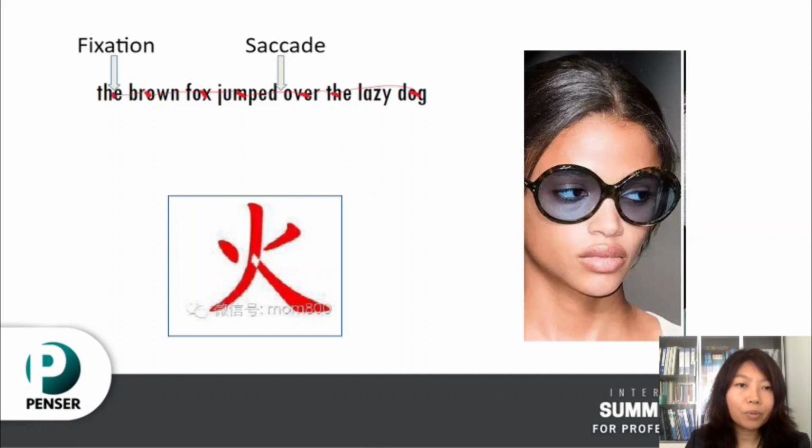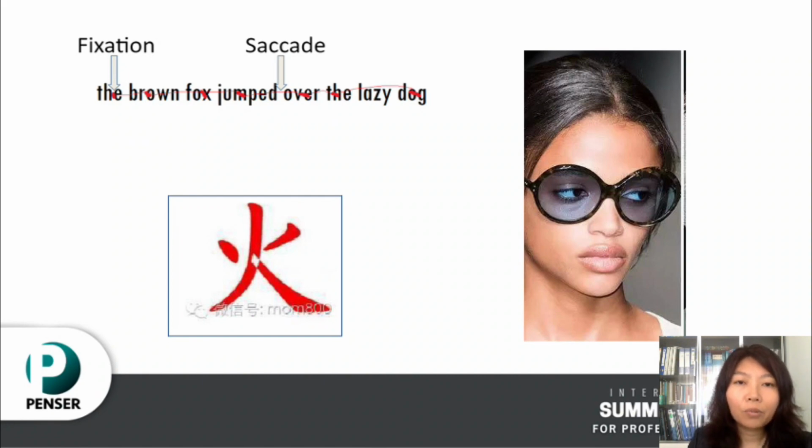For example, this Chinese character, fire: you may fixate on this one, then make a saccade to here, and to here, and finally have a global idea of how this Chinese character is written.